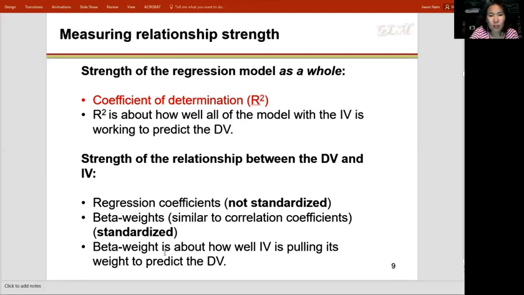Here, the beta weight is the goodness of individual slopes: how well an independent variable is pulling its weight to predict the dependent variable. How good the individual slope is, you can tell through this beta weight.